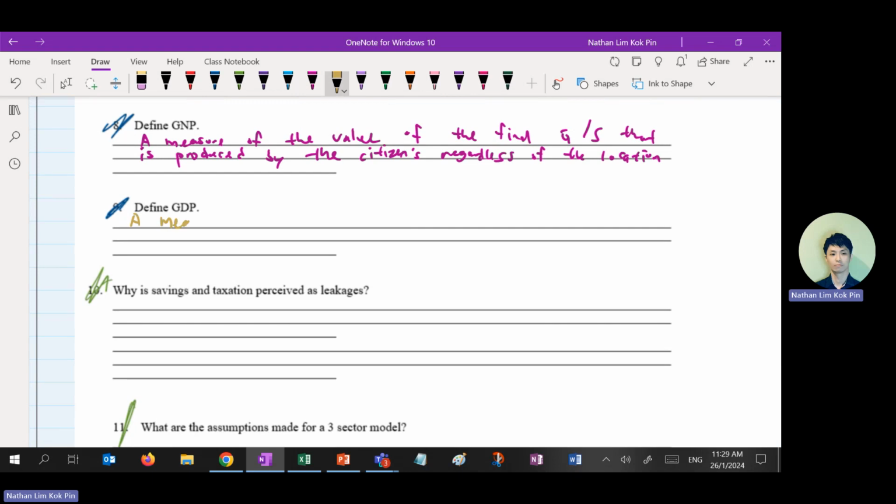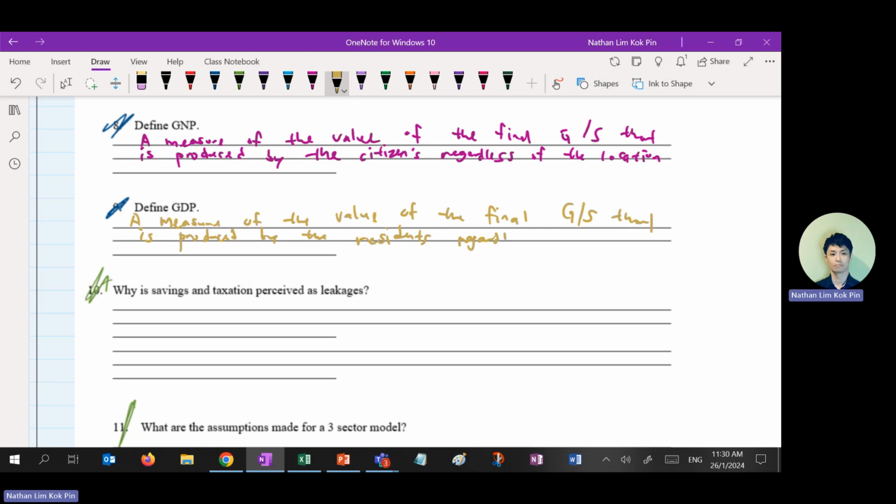It's a measure of the value of the final goods or services, same thing only, right? That is produced by the residents. What else?